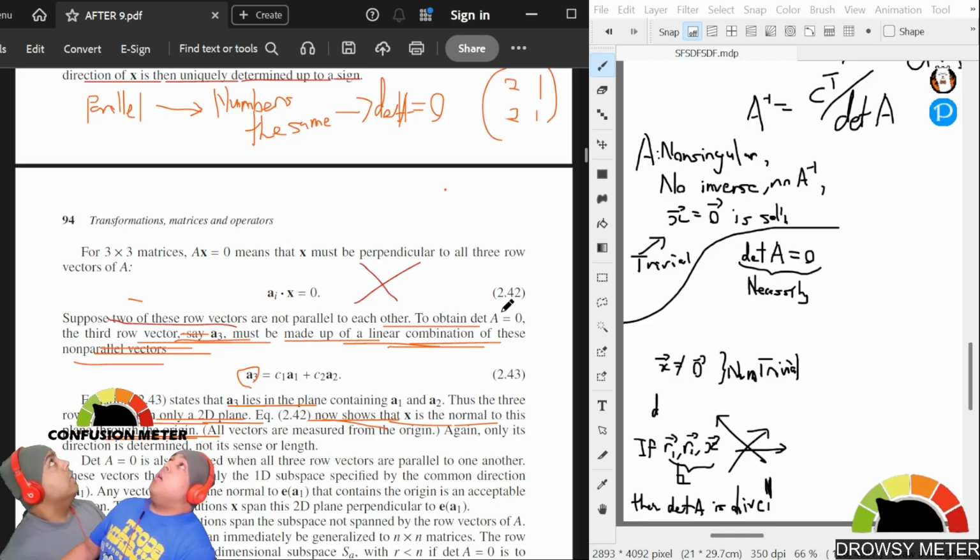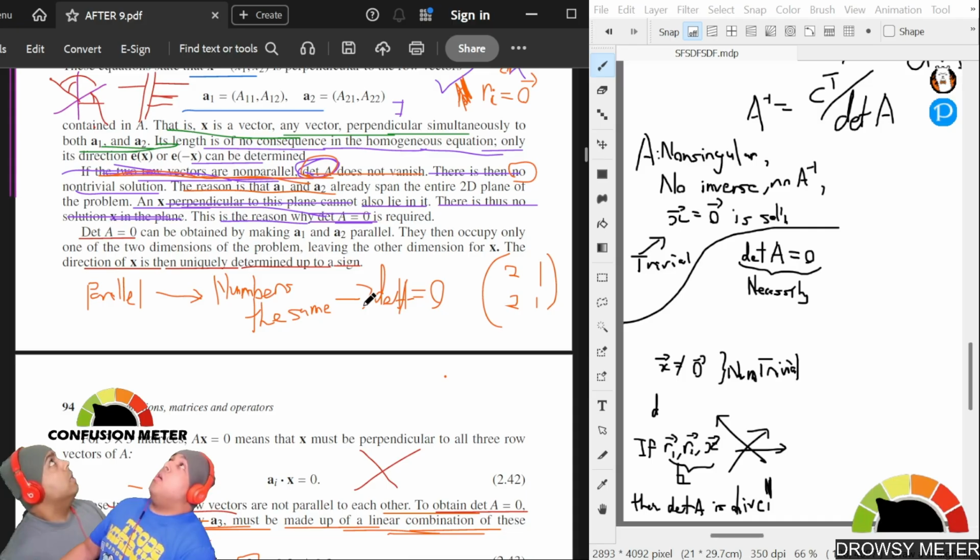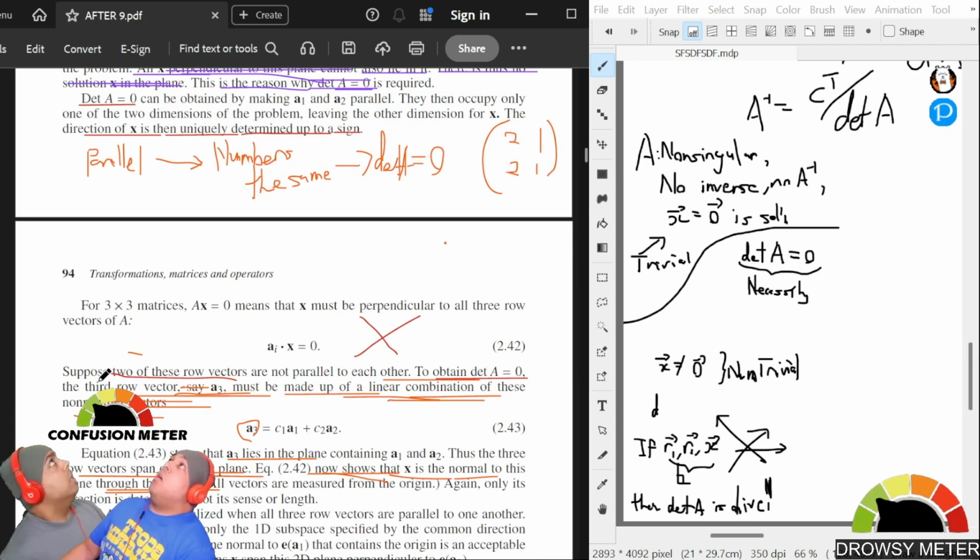To obtain determinant A equals 0, the third vector must be made up of a linear combination of these non-parallel vectors.